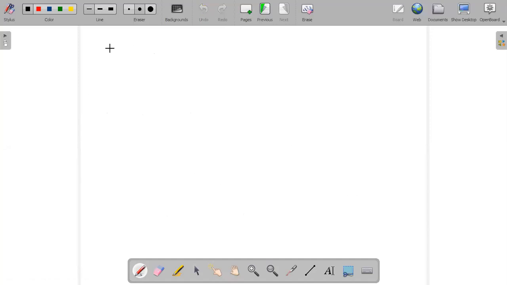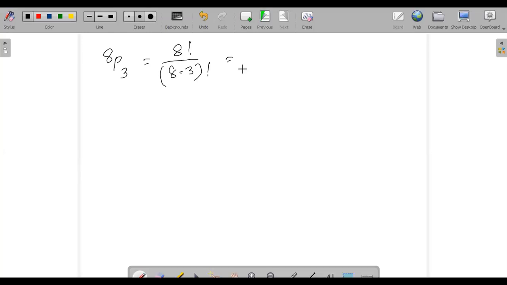8P3, which is 8 factorial divided by 5 factorial. So what is it?